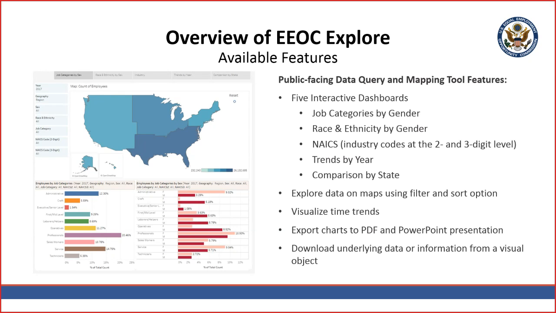EEOC Explore uses integrated dashboards for displaying data. Dashboards are displayed as tabs along the top panel of the user interface, and filters are shown along the left panel of the screen. Maps and graphs present information based on selected filters within the domain of each dashboard.